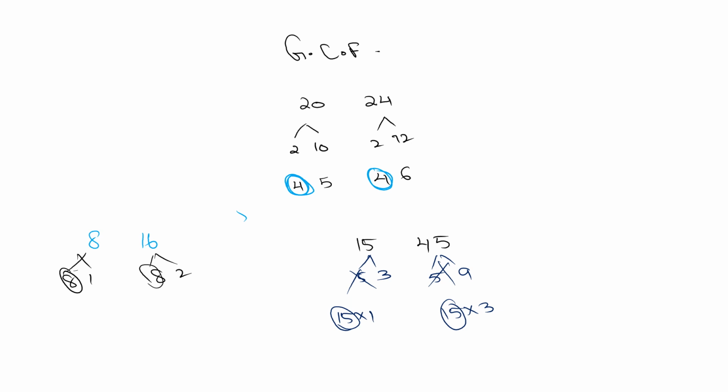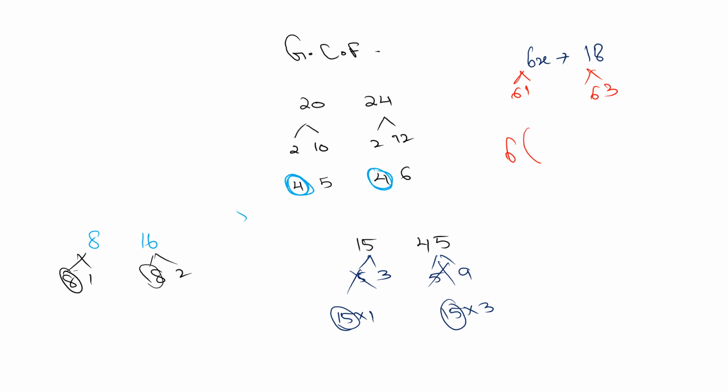Now how can we solve it if I have a question 6x plus, for example, 18? How can we solve this question by taking the greatest common factor? So I know 6 times 1 is 6 and 6 times 3 is 18. So 6 is the greatest common factor, then open the bracket.